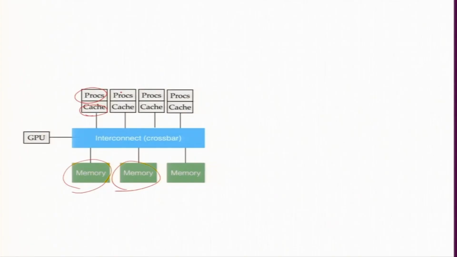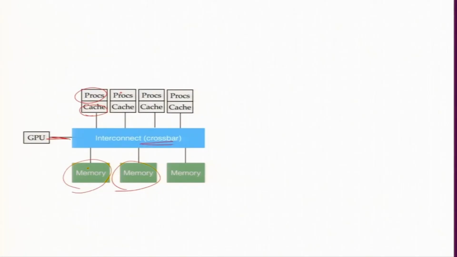I discussed the crossbar switch, so any processor should be able to talk to any memory. The GPU can also be connected. Sometimes in HPC, if the GPU is the most prominent hardware, then we will need to access the GPU. So, this memory is shared by all processors and the GPU as well. This is called shared memory.